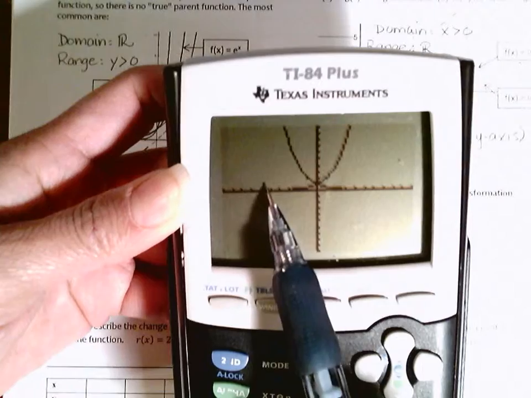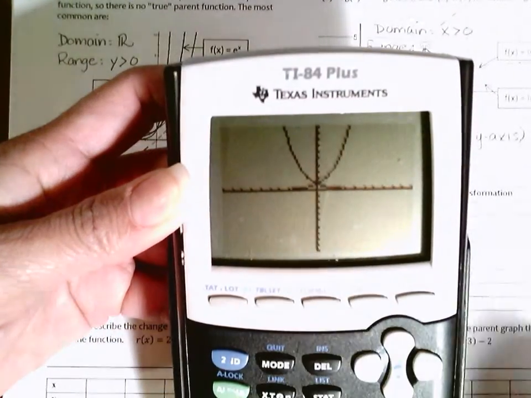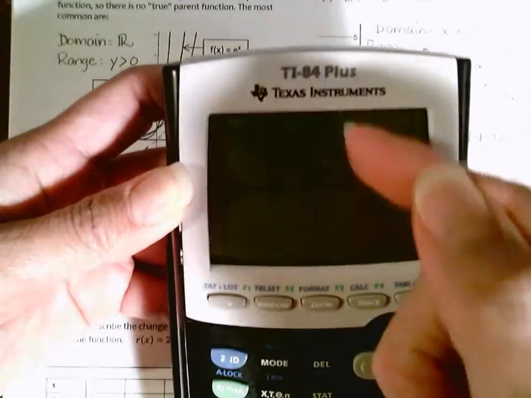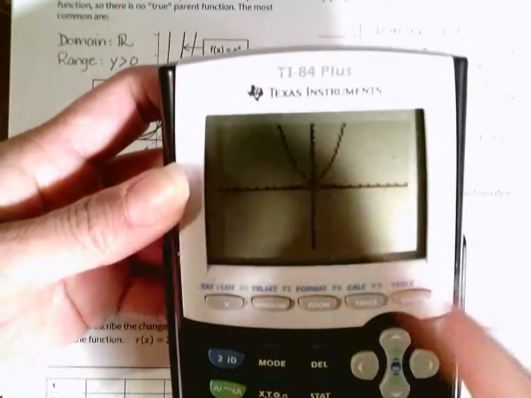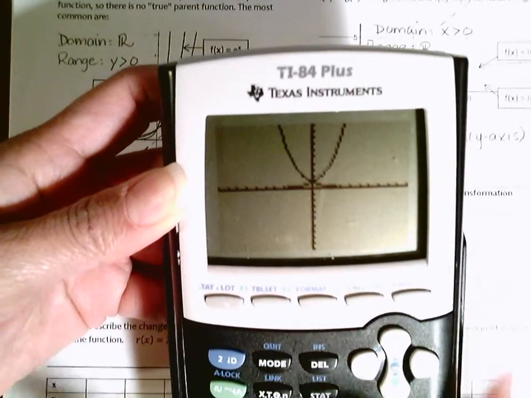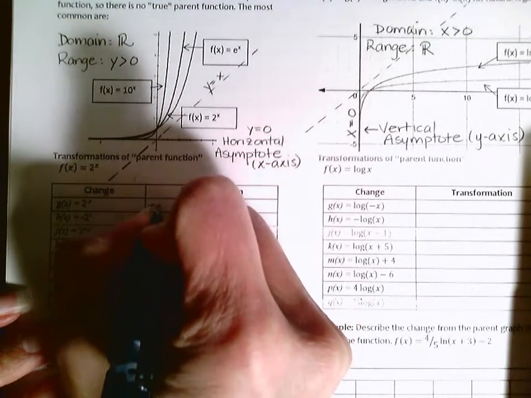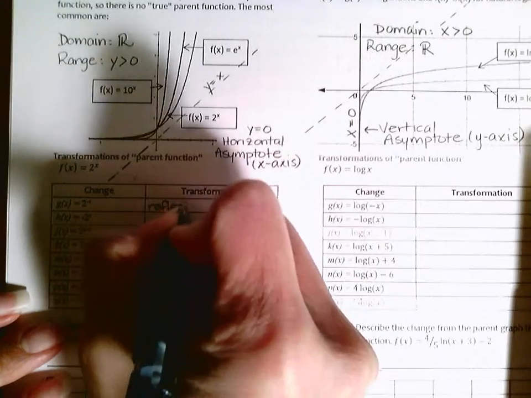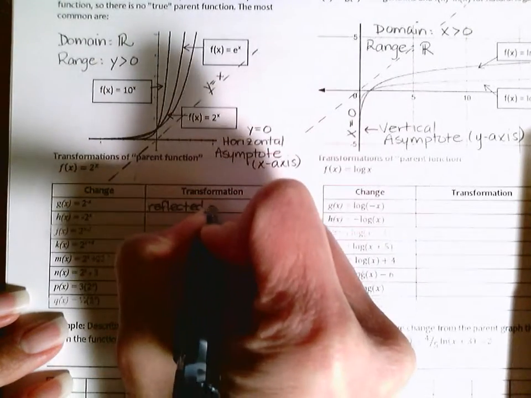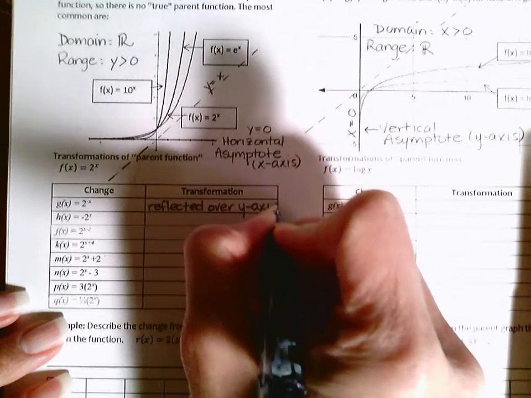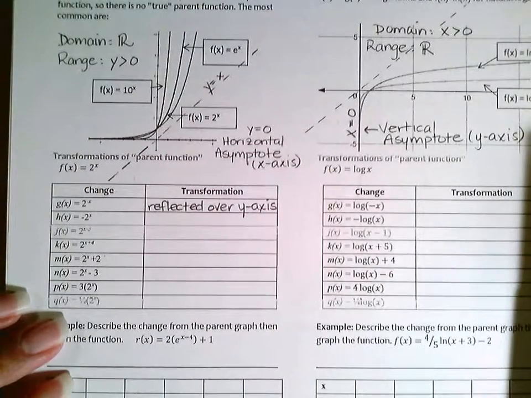We notice that this graph flipped over like that. Okay? And this is considered our y-axis, so there's a reflection happening. So for our transformation, you're going to write, well, it reflected over the y-axis.